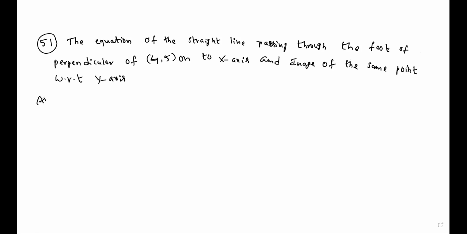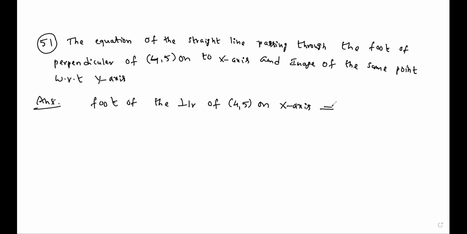Now the straight line is clearly passing through 2 points. One point is the foot of the perpendicular of (4, 5) onto the x-axis.